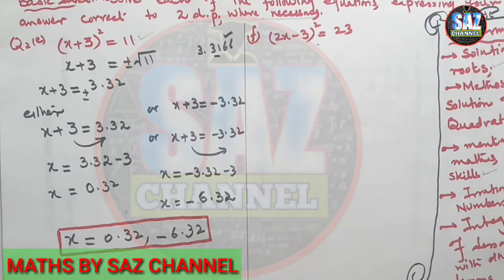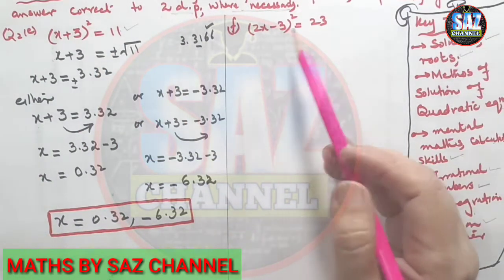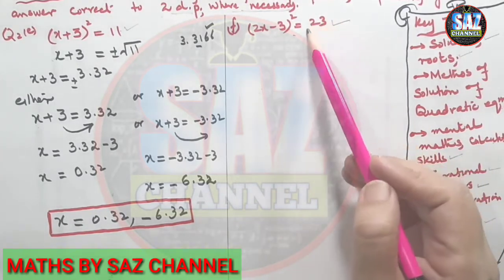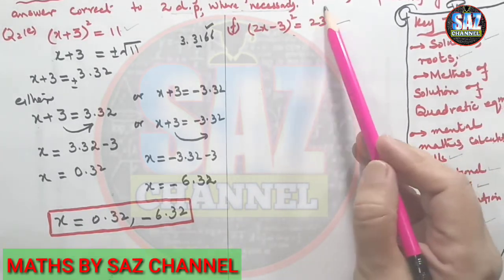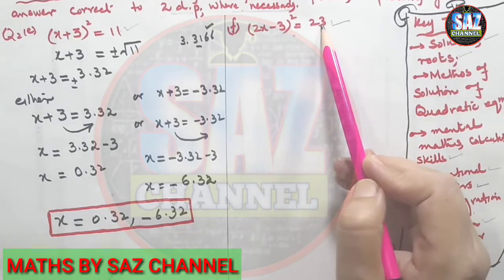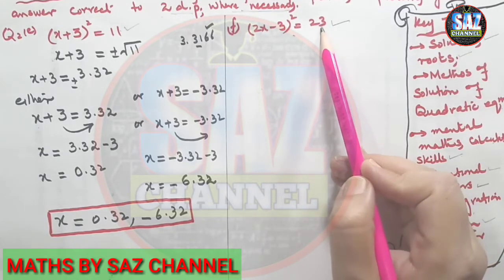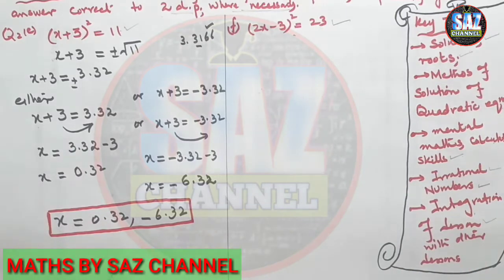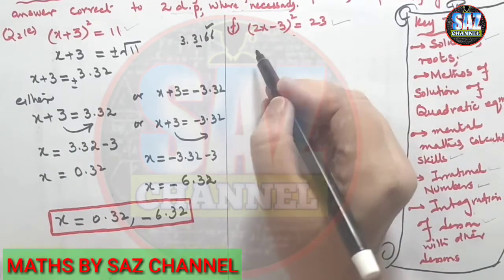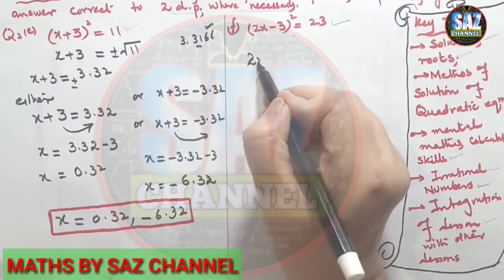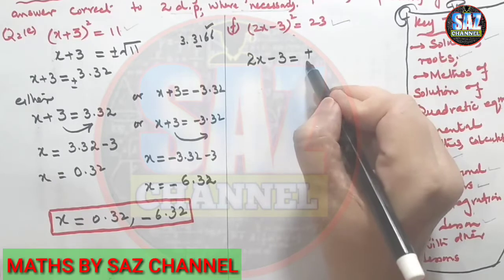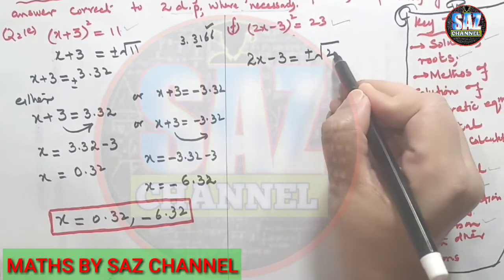Coming to the second part, it says (2x minus 3) whole squared equals 23. Again, if we look at 23, it is not a perfect square. It's a prime number. Whenever we take the square root of this, our answer will be an irrational number. So in order to solve this equation, I have to take the square root on both sides: 2x minus 3 equals plus or minus square root 23.